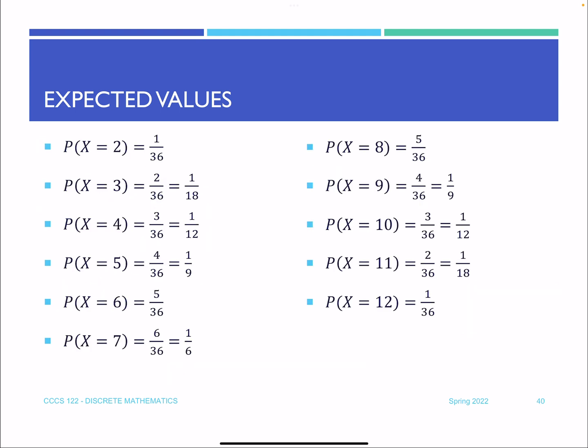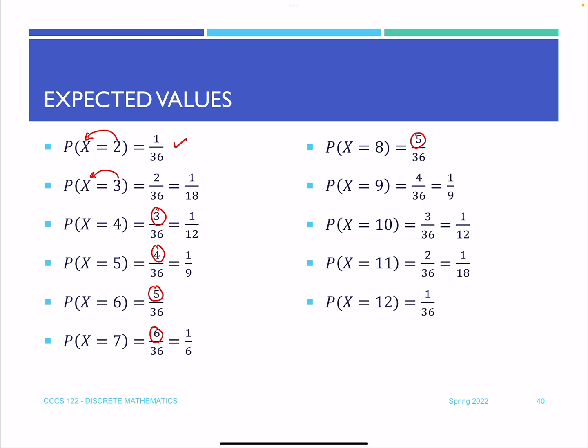And here are those probabilities. So, like I said, there's only 1 way to get 2 for the sum. There are 2 ways to get 3 for the sum. There are 3 different ways to get 4. There are 4 different ways to get 5. 5 different ways to get 6. 6 different ways to get 7.